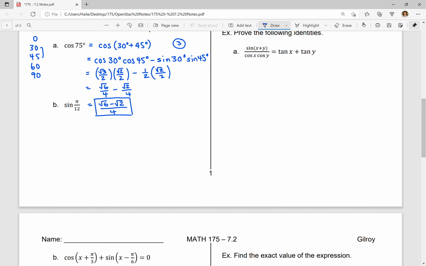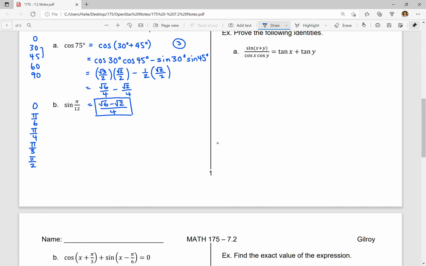In this second example, we have the sine of pi over 12. So once again, I want to try and think of two values on the unit circle that will add or subtract to give me pi over 12. These can be a little bit trickier, so let's remind ourselves of what our angles are in radians on the unit circle. Our most basic ones are 0, pi over 6, pi over 4, pi over 3, and pi over 2.